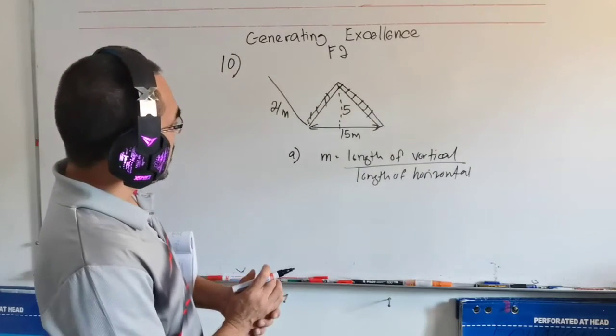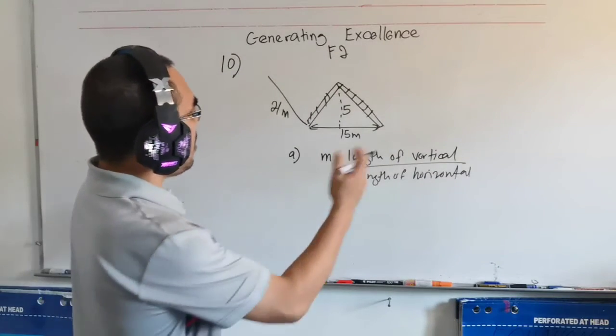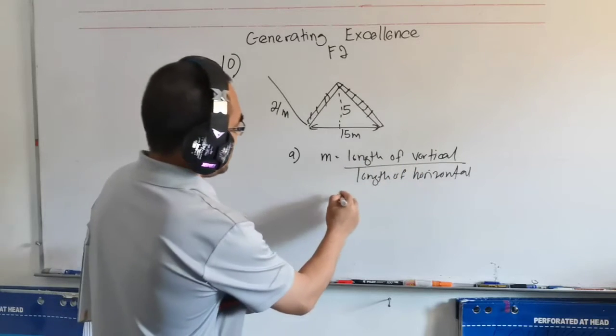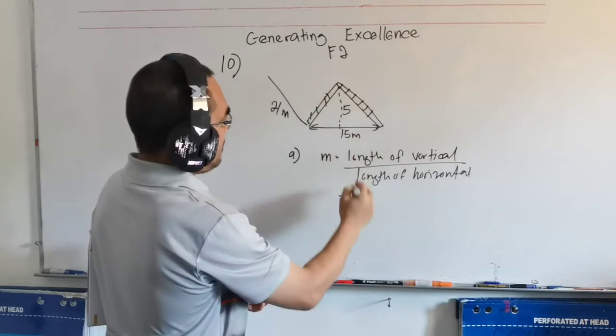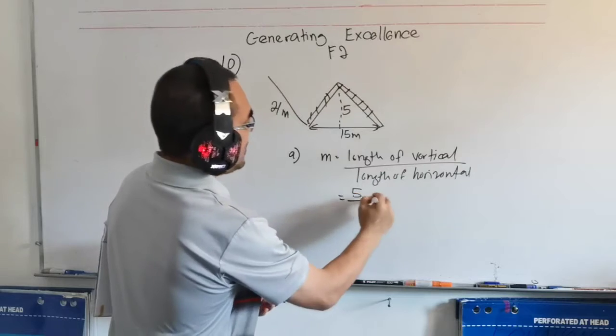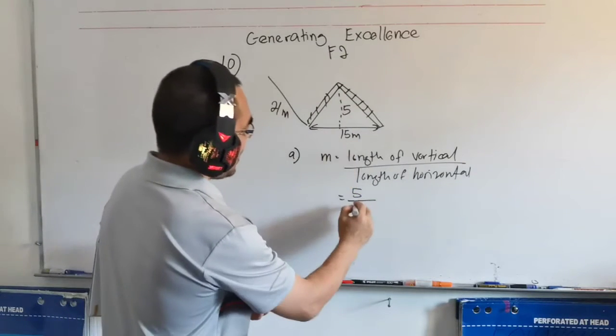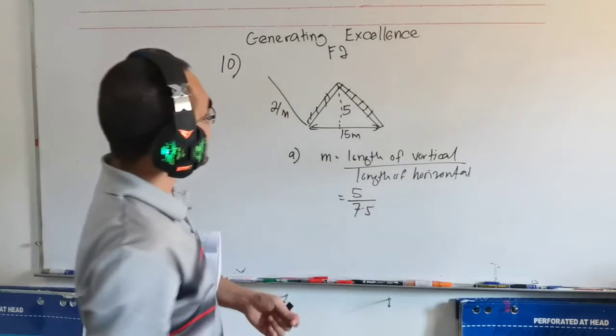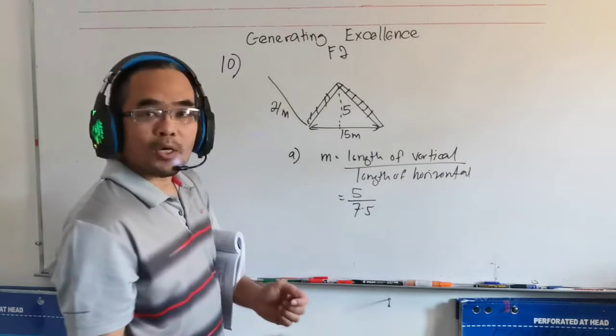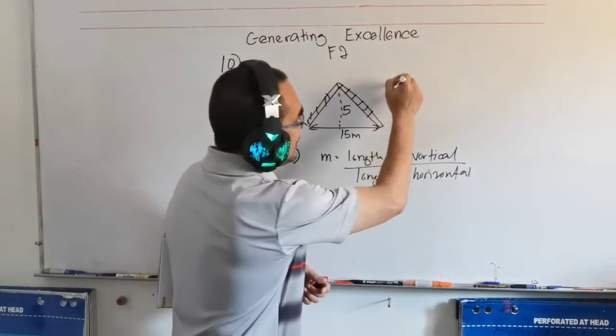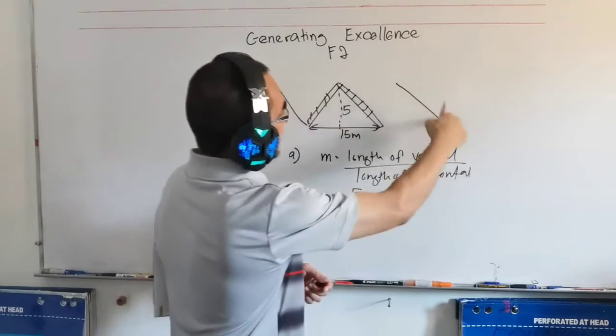Do we know the length of the vertical? 5. And the length of horizontal is 7.5. Why is it 7.5? Because we are talking about the gradient of this line.